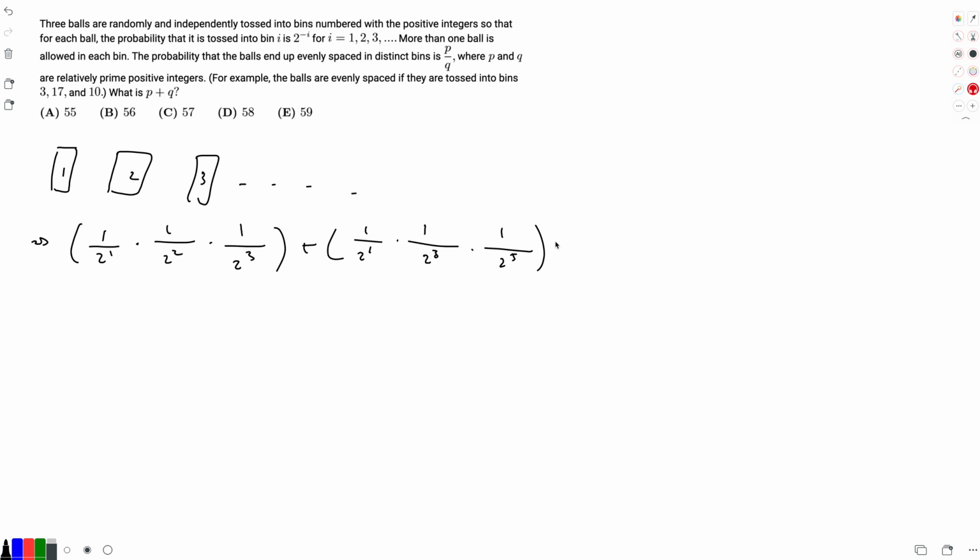And then I'll do one more before we generalize. Or we could throw it into the 4th bin, and then into the 7th bin, and so on. So let's try to generalize this now. We have a 1 by 2 in every single term. So we can write this as summation k equals 1 to infinity of 1 by 2 raised to the power 1.